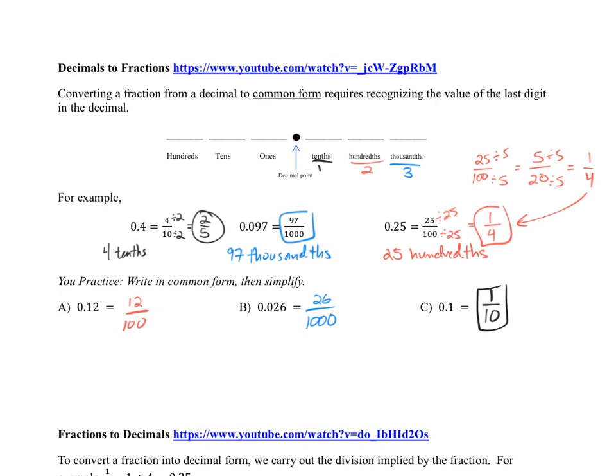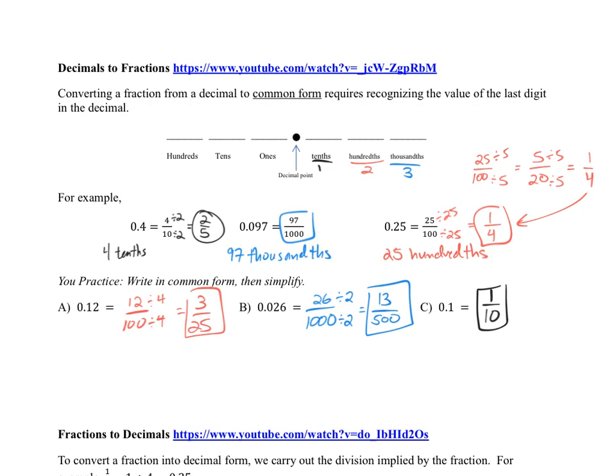The other two we can simplify. You can simplify in one step if you divide the top and bottom by 4 here to get 3 over 25. And you can divide in one step here if you divide top and bottom by 2, leaving you with 13 over 500.